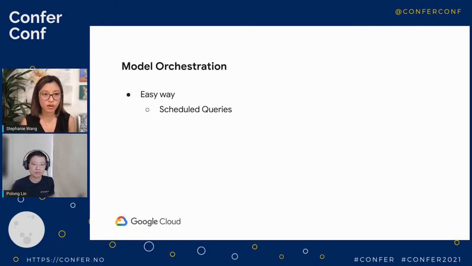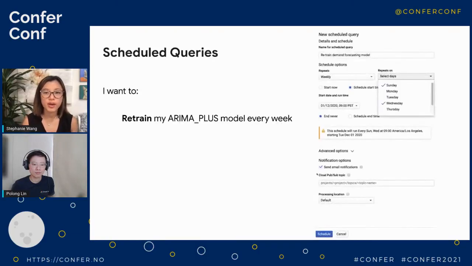The most straightforward way, in my opinion, is to use scheduled queries. If you are like many businesses that need to create fresh time series forecasts based on the most recent data, and I'm sure that's a very common use case, we can use scheduled queries to automatically rerun the SQL queries that we wrote before.